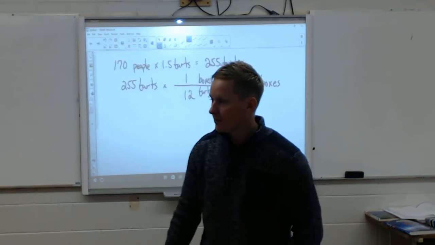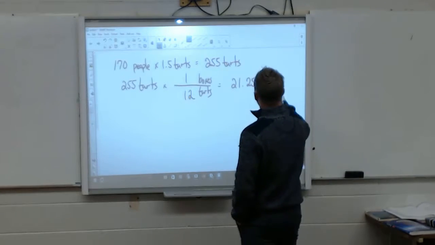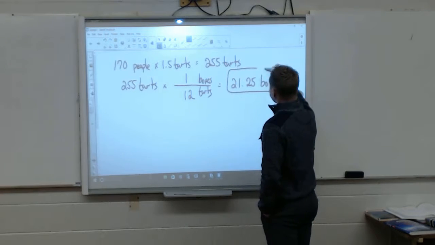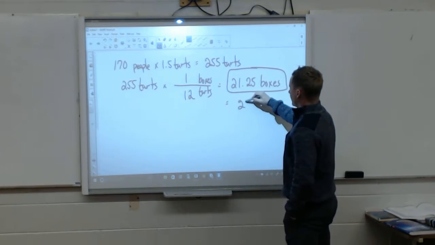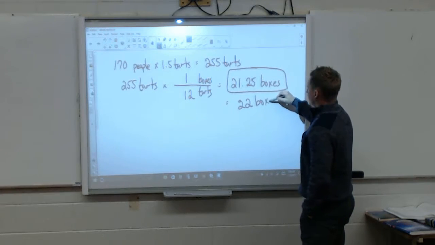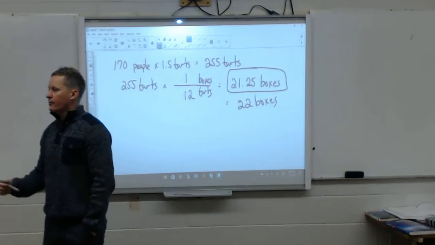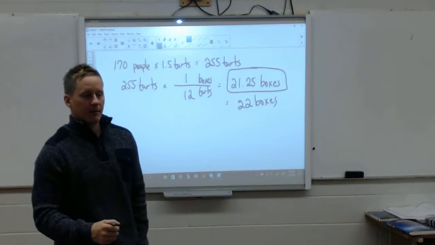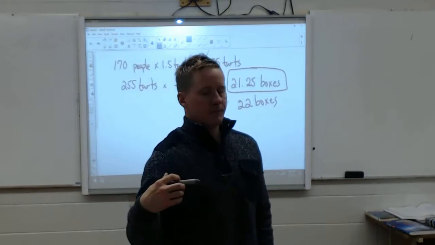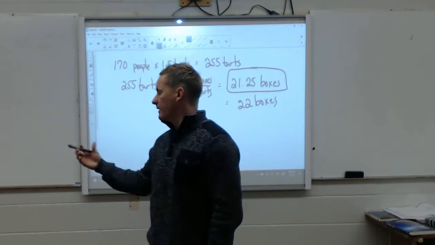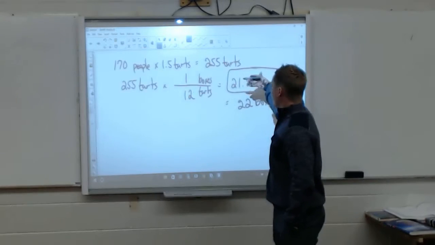Okay, so that's pretty simple. The one thing that you want to do is get used to that correct rounding. Because theoretically, if we round the way we've been taught to round, you would round down to 21. But when you talk about certain things, you may need more in order to cover it.